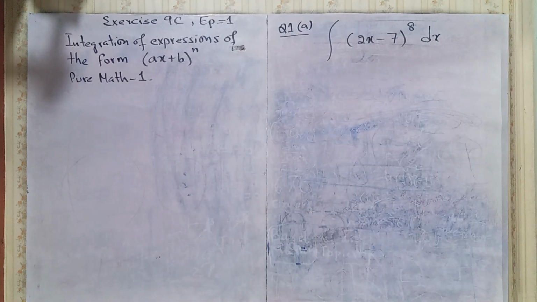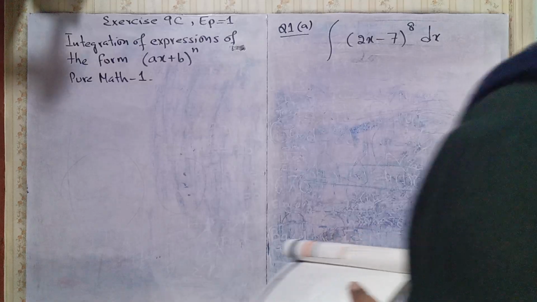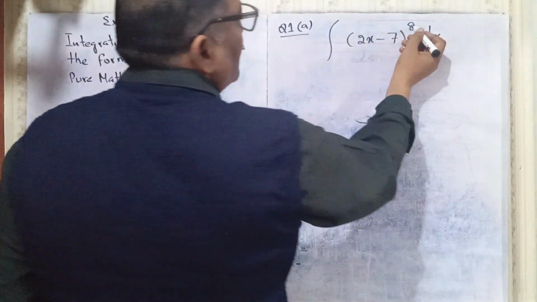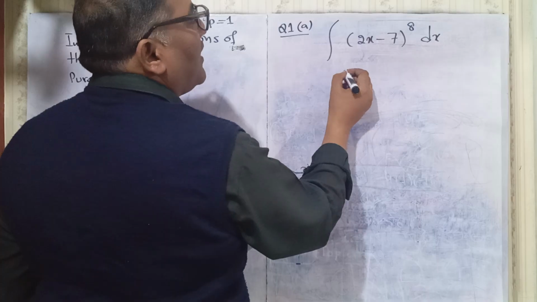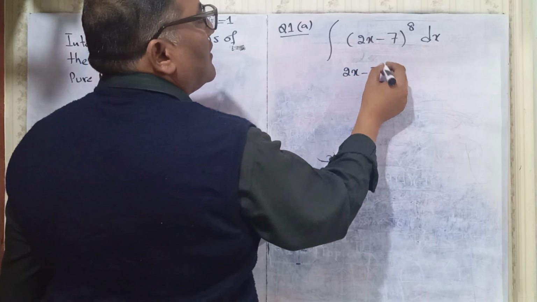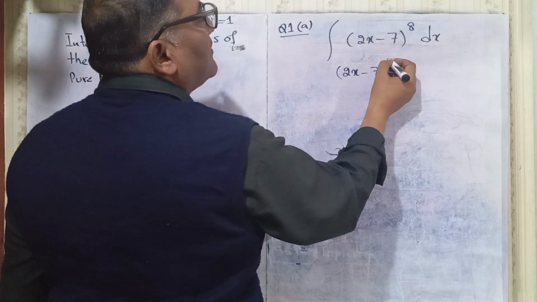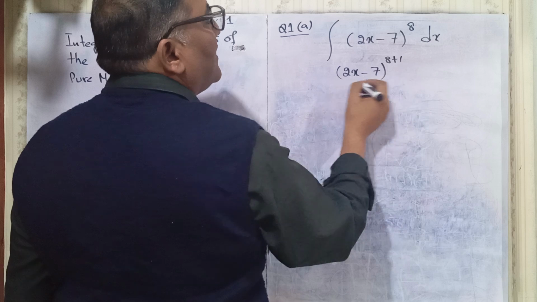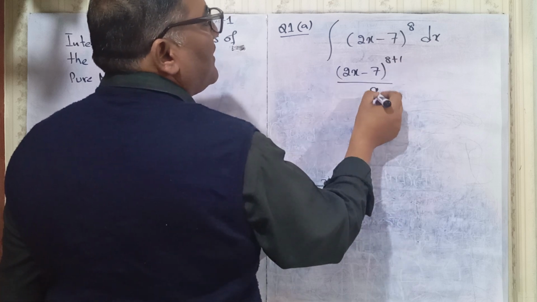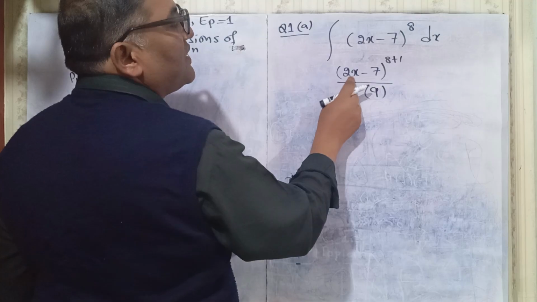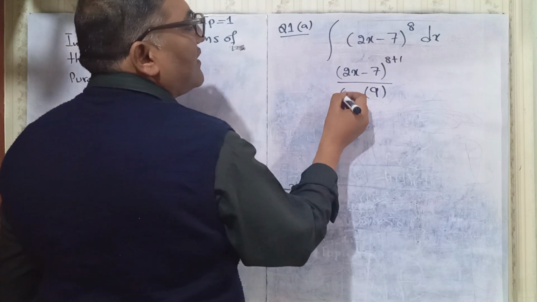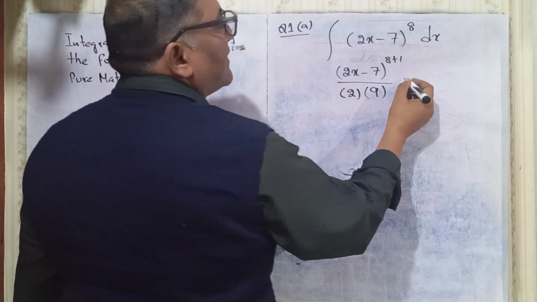Okay, so very simple. When you integrate this, the power will be increased by 1, so it will become 8 plus 1. With the same number you will divide, and whatever is the number with x here, that number will also come downstairs here.